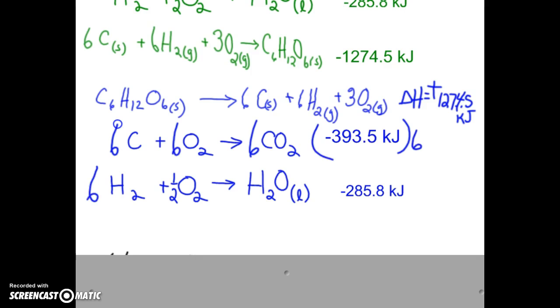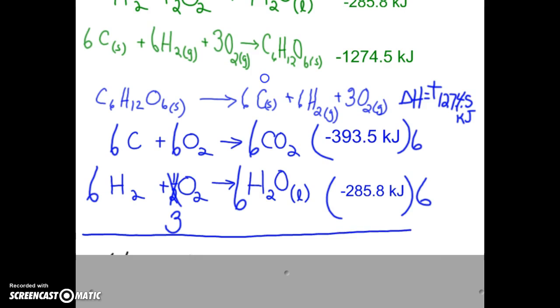And then the second equation by 6. Making that a 3. So now we have three equations. We're going to add them up together.